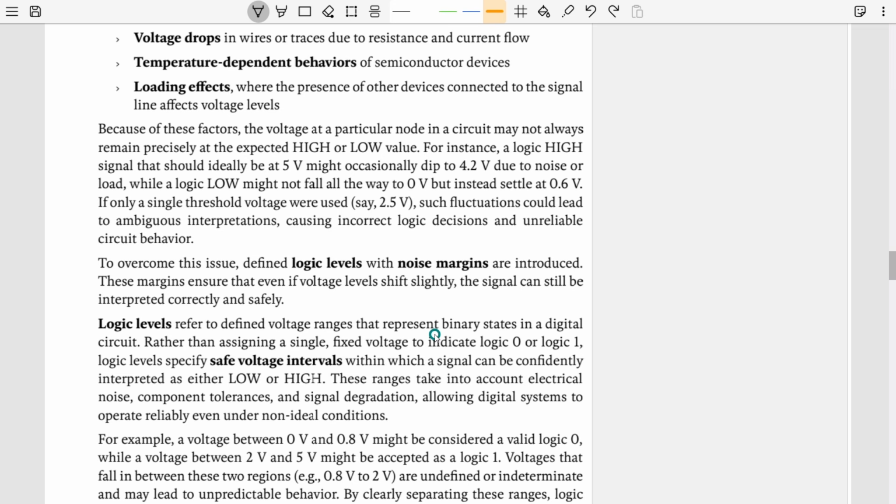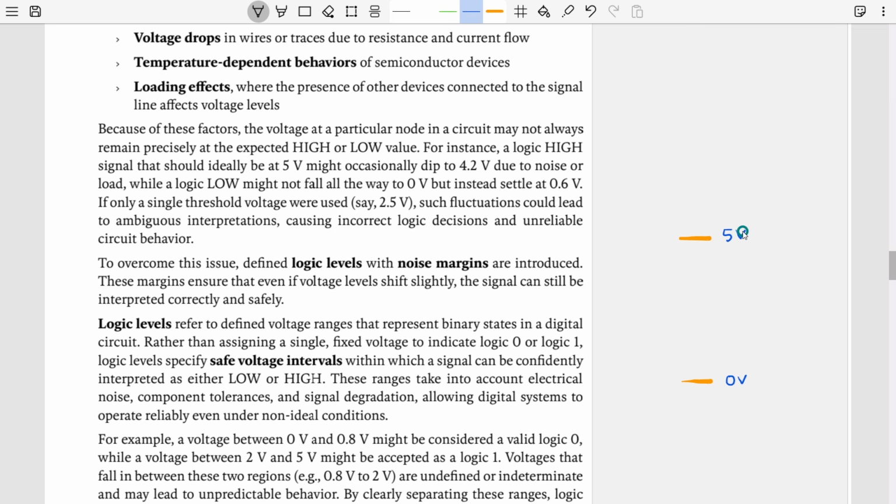In logic levels, let us say we have voltage levels from 0 volt to 5 volt, this is the amount of voltage we have to represent these two states, logic 0 and logic 1, high and low, right?